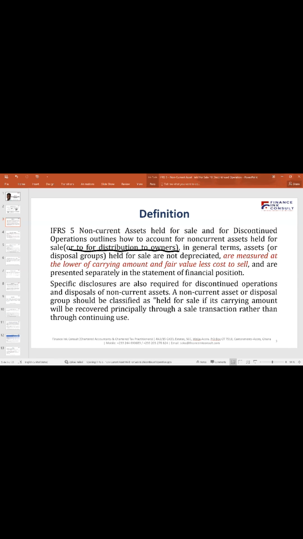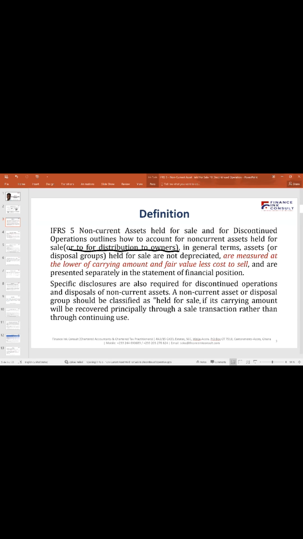And they are measured at the lower of what, carrying amount and fair value less cost to sell. That's our net realizable value. And they are presented separately in the statement of financial position. Specific disclosures are also required for discontinued operation and disposal of non-current assets. A non-current asset or disposal group should be classified in the balance sheet as what?